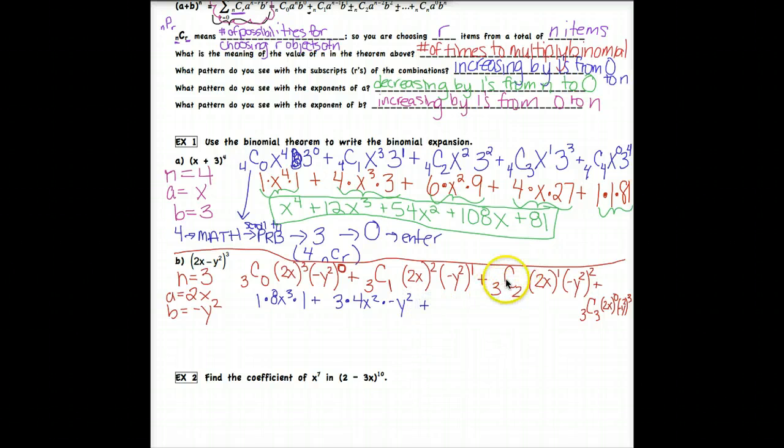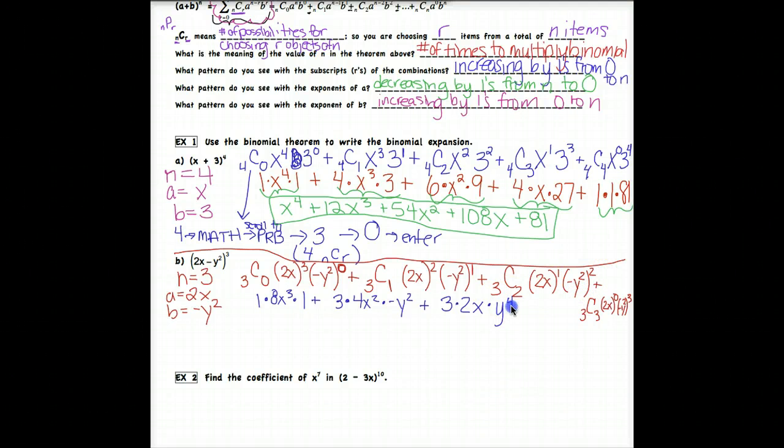Over here, 3 choose 2 is also 3. 2x to the first is just 2x. When I square this, be careful, you have to square both terms. The negative squared is going to give you a positive, and then the y squared squared is going to give you y to the fourth.